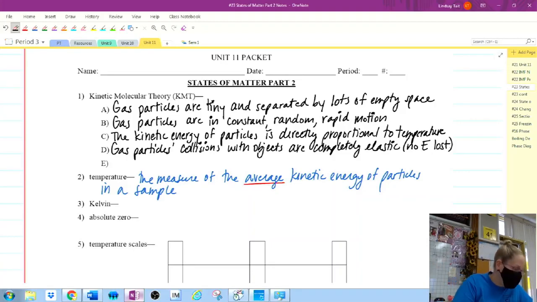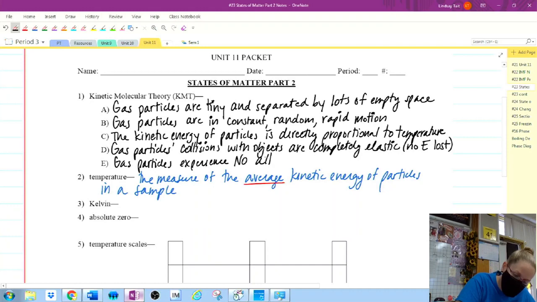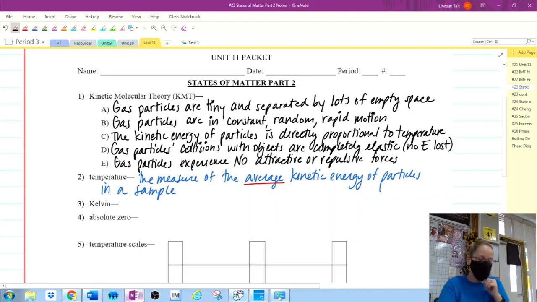All right, last thing with KMT. Gas particles experience no attractive or repulsive forces.